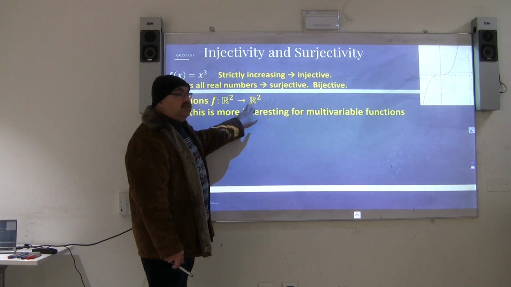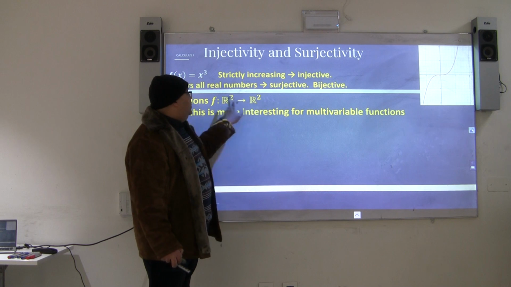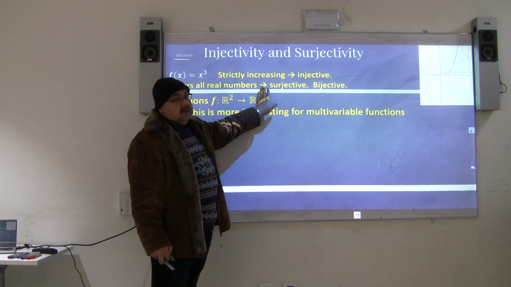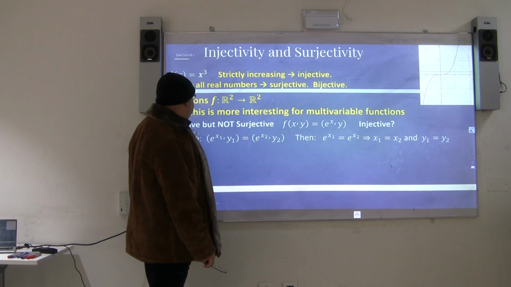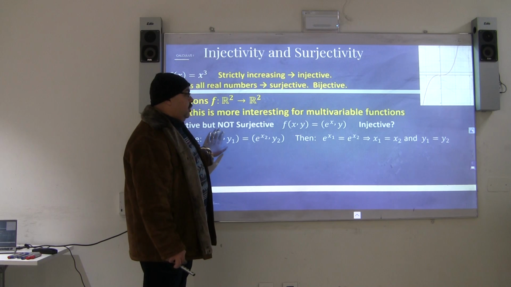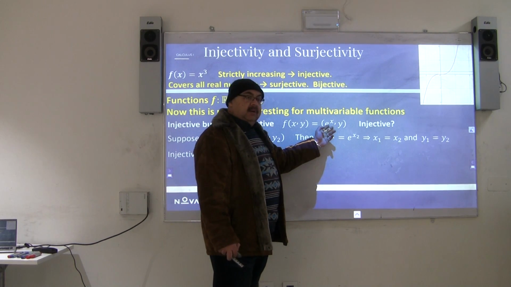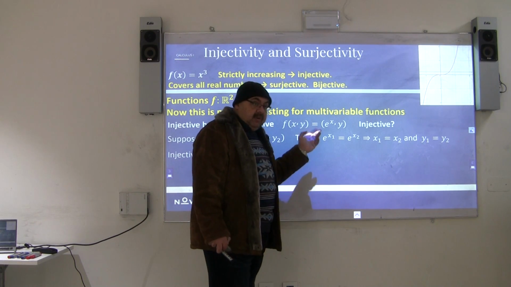Since this is not R, I'm talking about vector-valued functions. If this is from R2 into R, then I'm talking about a function in several variables. So now, injective but not surjective: f of (x, y) equal to (e to the power of x, y). This function is injective.